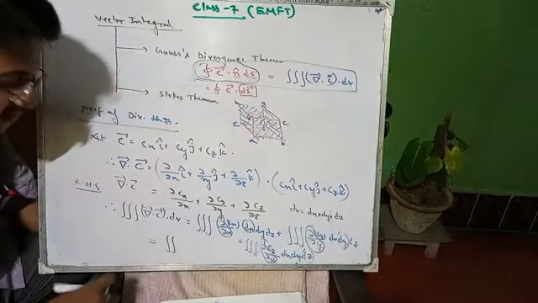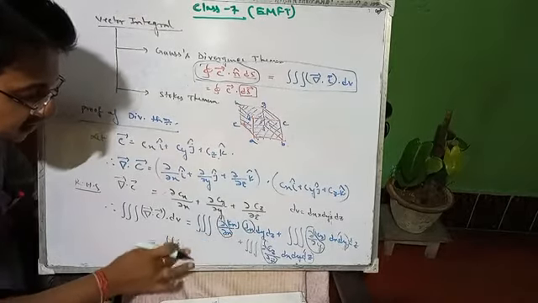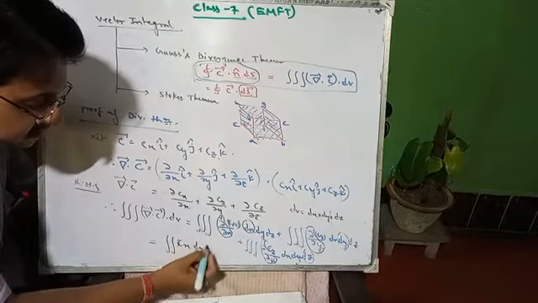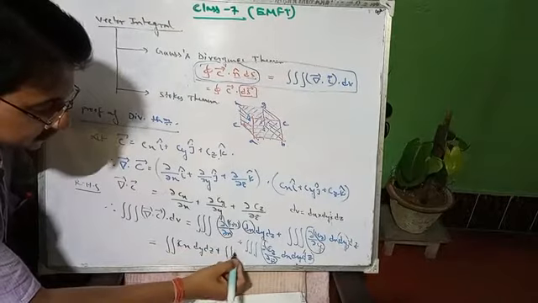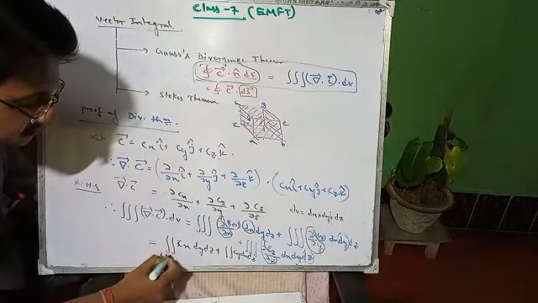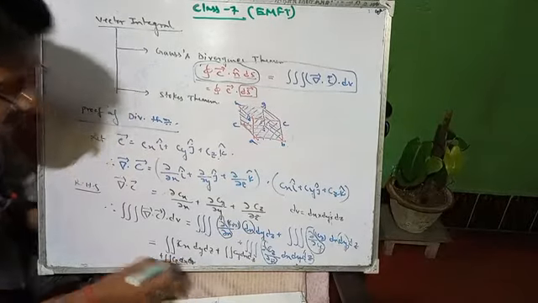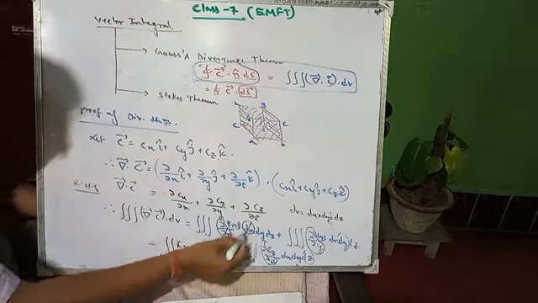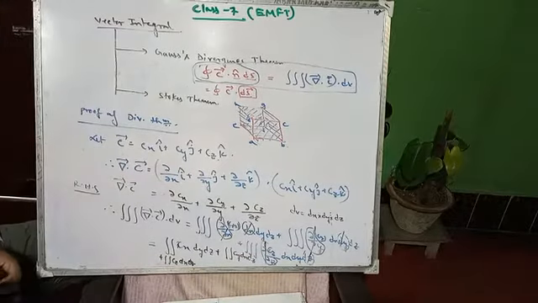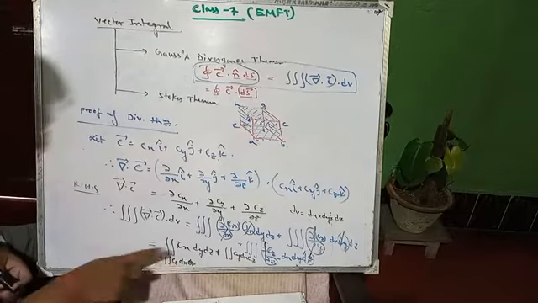It will become a double integration: Cx dy dz plus Cy dx dz plus Cz dx dy. So we have Cx dy dz, Cy dz dx, and Cz dx dy.